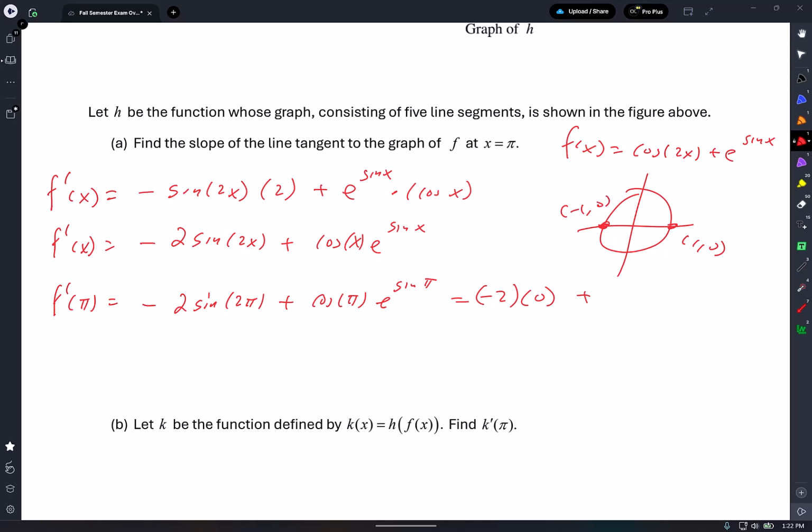That's negative 1, 0. Cosine is the x value. So you're going to have negative 1, and then e to the sine pi, so that's e to the 0 right here. And e to the 0 is just 1. So again, you're going to get 0 plus negative 1 times 1, it's a negative 1. So f prime of pi is just negative 1.